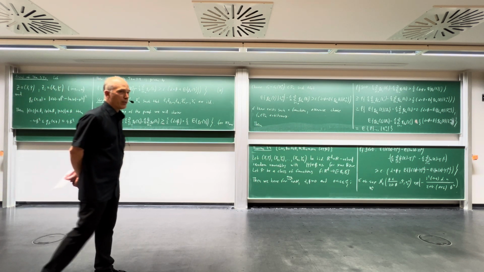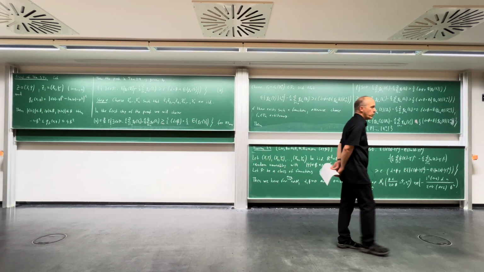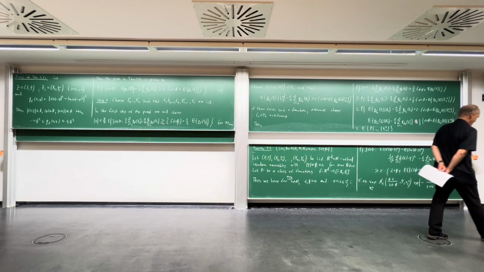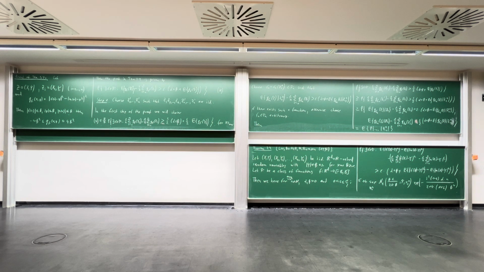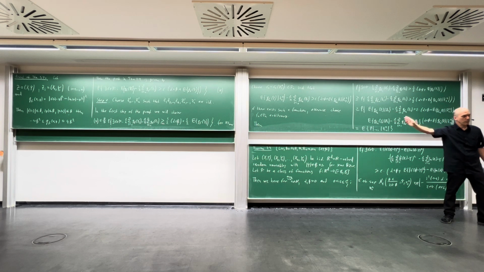This indicator function is a product of two indicator functions, because both of them together hold if the product of the individual indicator functions is 1. And then you see one of these indicator functions is measurable with respect to Z1n, so you can move it out of the conditional expectation.